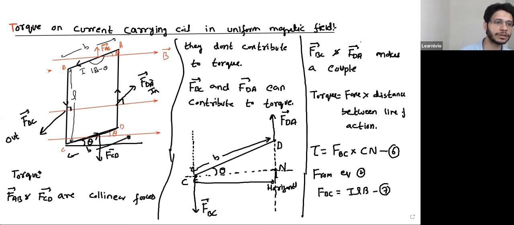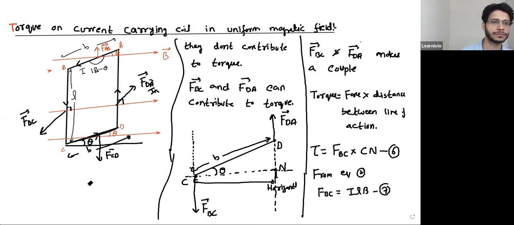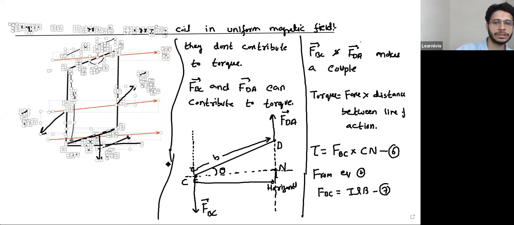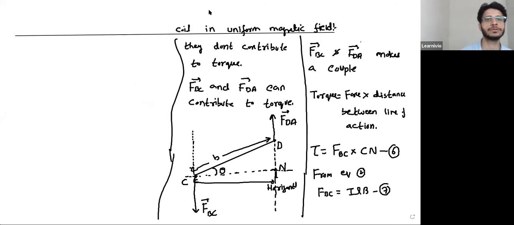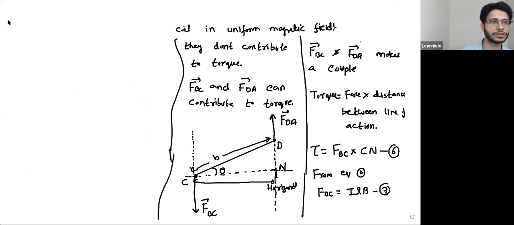Similarly, you can calculate your CN. For CN, let's use this triangle CND.